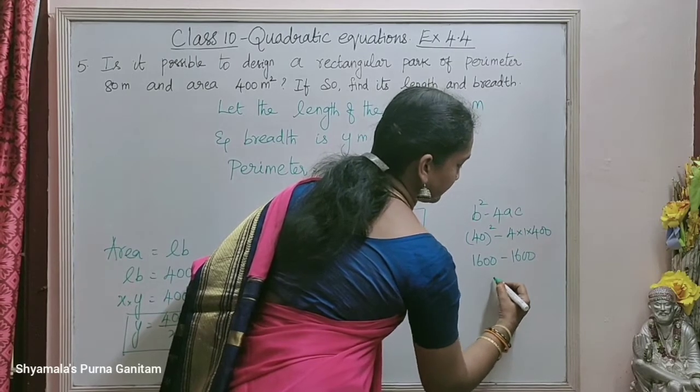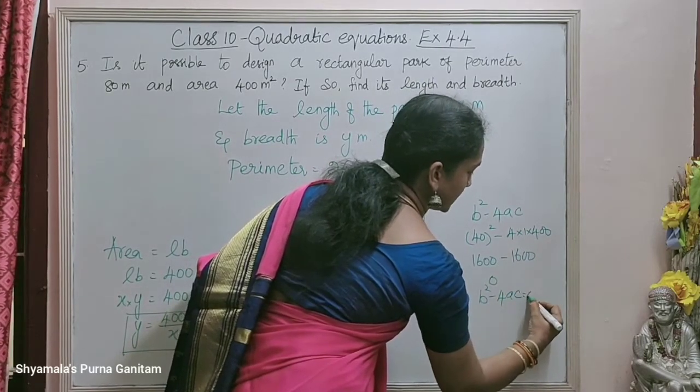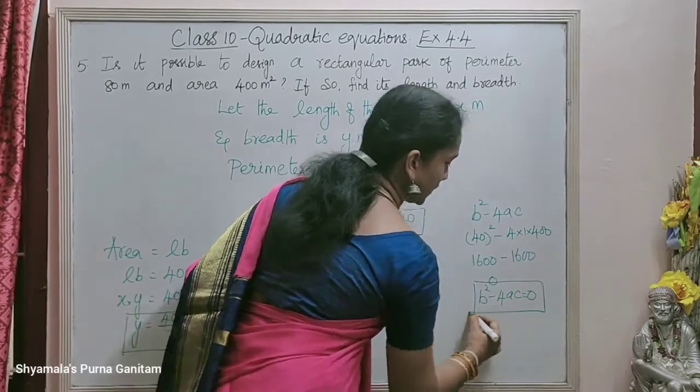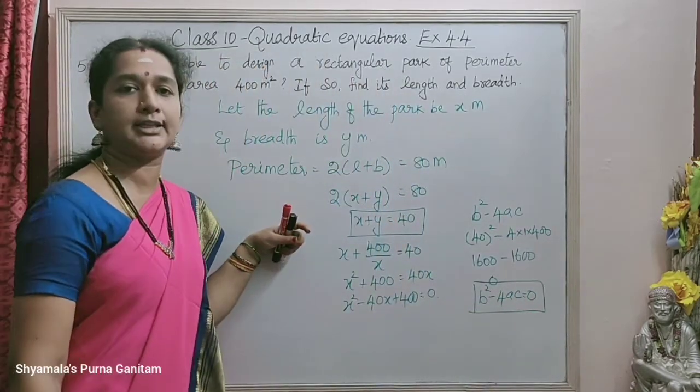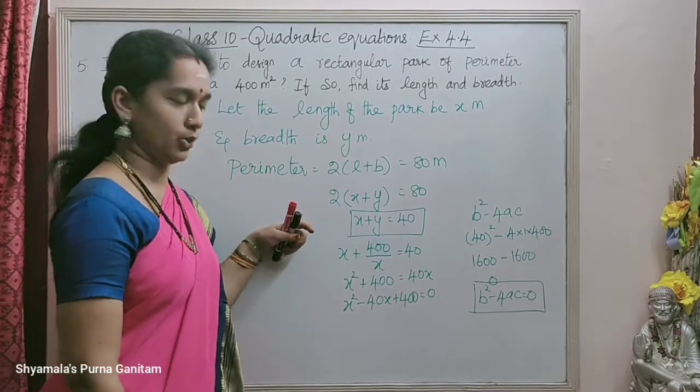So we are getting 0. So b squared minus 4ac is equal to 0, which means there exist two equal real roots.